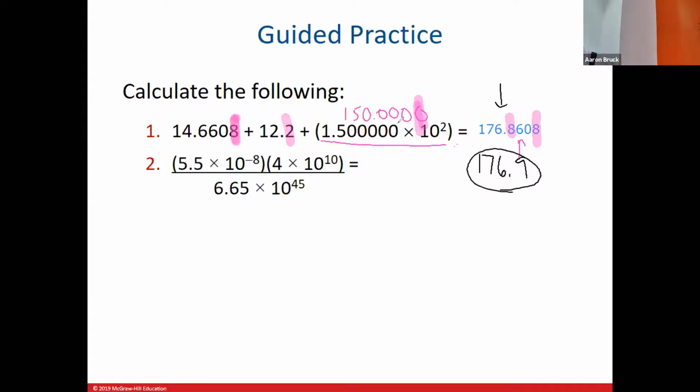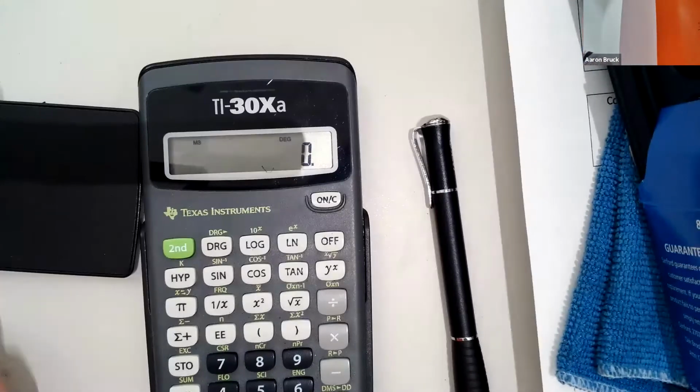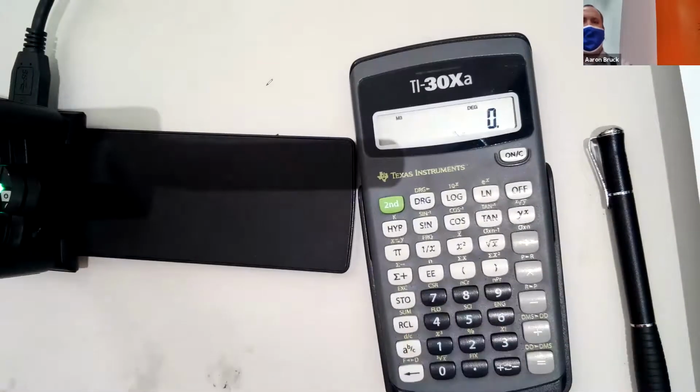Here's where that information about how to input scientific notation is going to be really important.